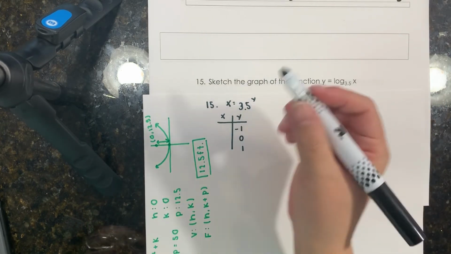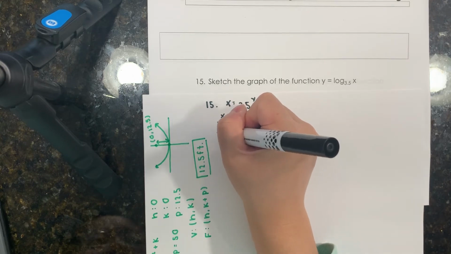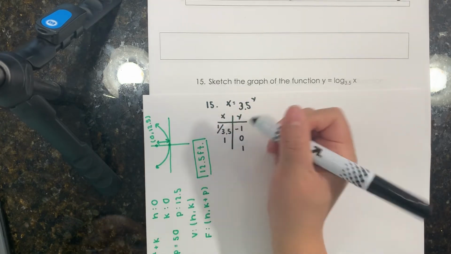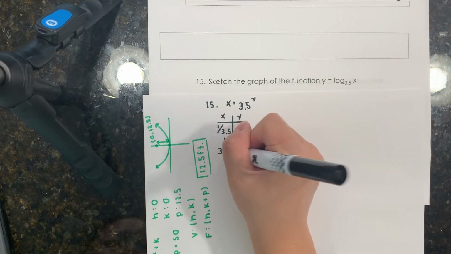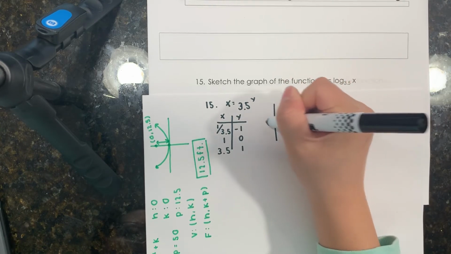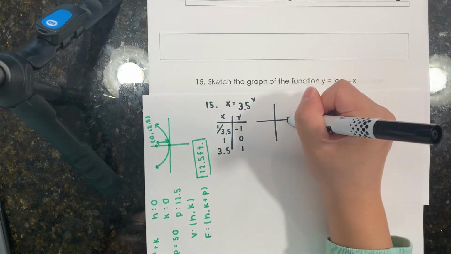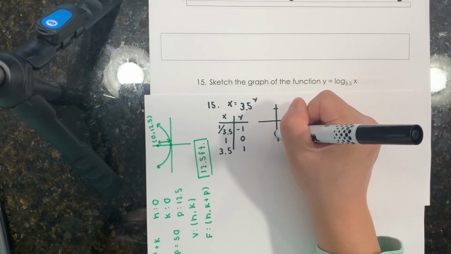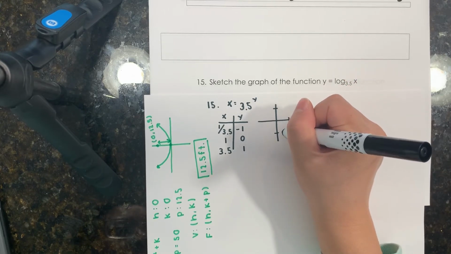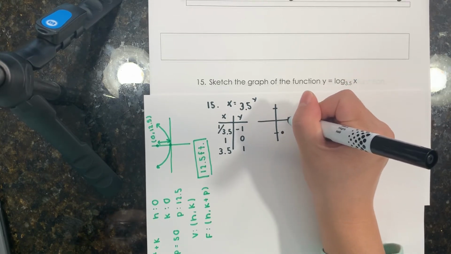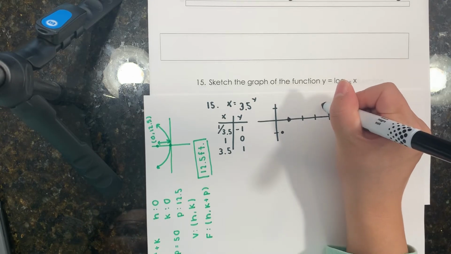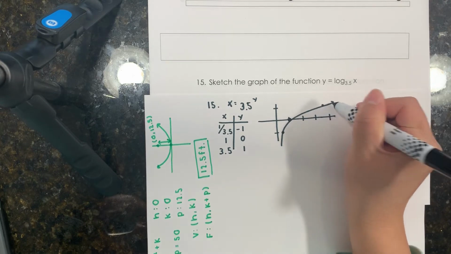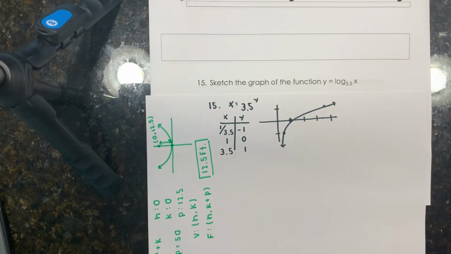Anything to a negative power makes it into a fraction, so it'd be about 1/3.5, which is about 1/3. Anything to the 0 is 1, and then 3.5 to the 1 would just be 3.5. So when you graph this, you're going to go over about 1/3 and then down 1, over 1 up 0, and then over 3.5 up 1. So your diagram should look something like this on number 15.